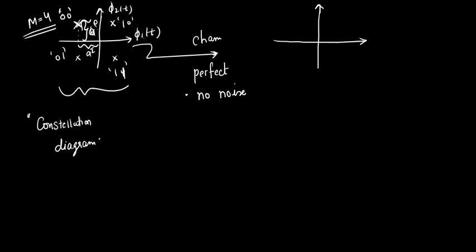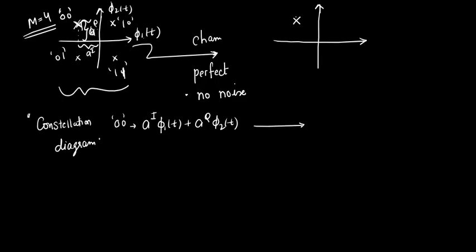So what would happen? Whatever you transmit, you will receive, right? If you transmit this, you will perfectly receive this. Meaning, if you transmit A_I phi 1t plus A_Q phi 2t, you will receive the same.